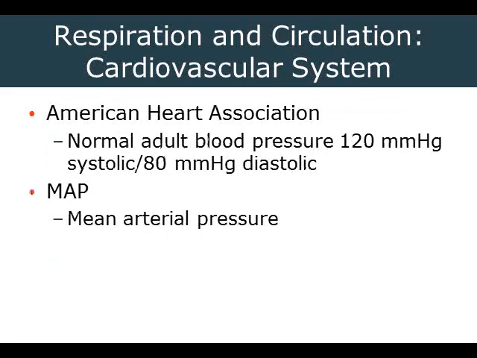The American Heart Association defines the textbook blood pressure as being 120 over 80. And in reality, we like to see it pretty close to that. However, remember, patients do not read the textbook, and so in many cases, we have people who really exceed that.